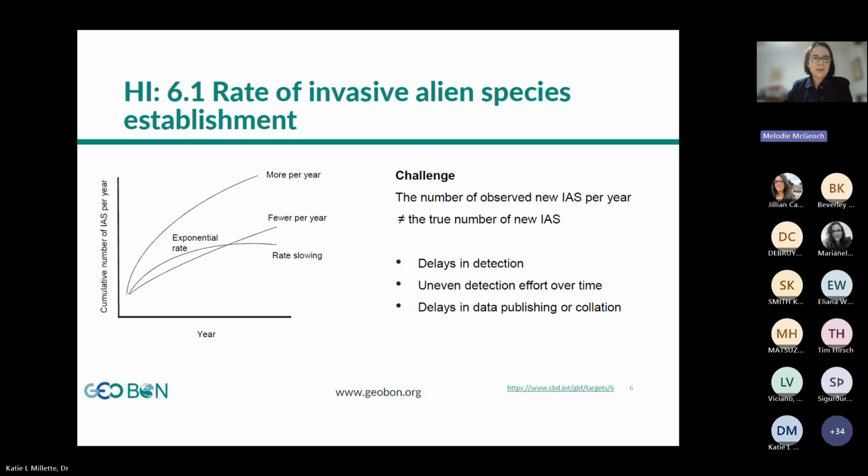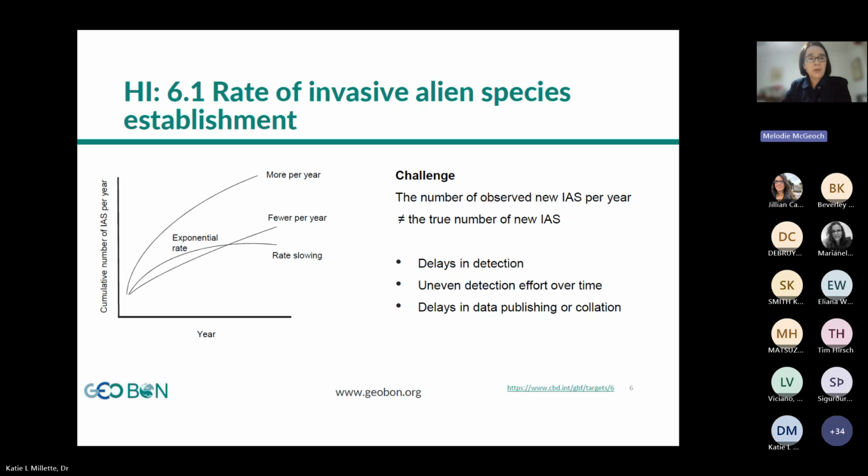So if we look at the figure on the left, we have the year on the x-axis, and we have the cumulative numbers of invasive alien species on the y-axis. And we know that as you count up the new established invasive alien species or the new arriving invasive alien species over time, this curve will go up.